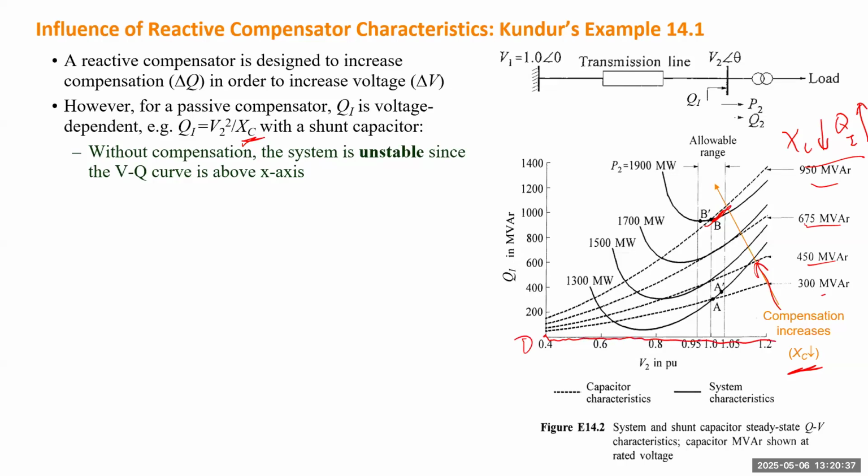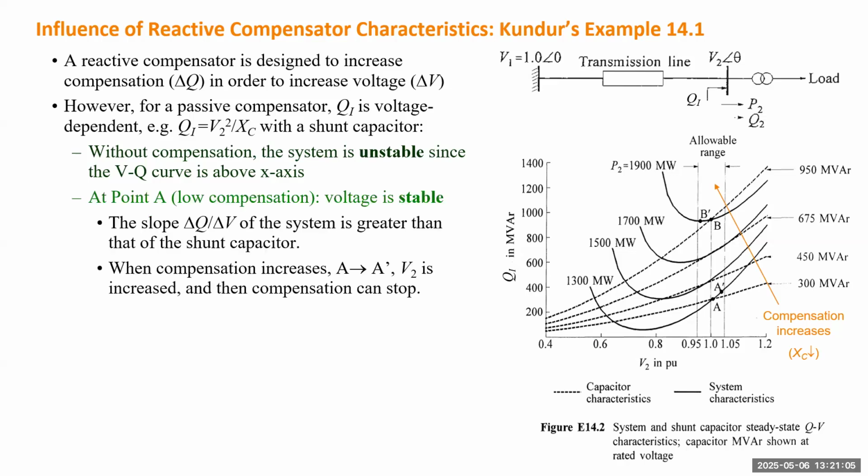So when the system has no injection, the VQ curve doesn't intersect with the x-axis, right? So there's no intersection point. The system cannot be stable. So you have to inject certain Q. If it's an ideal QI, you just draw a horizontal line, but now it's not ideal. It's actually a quadratic line, which means we have to inject some reactive power through this compensator.